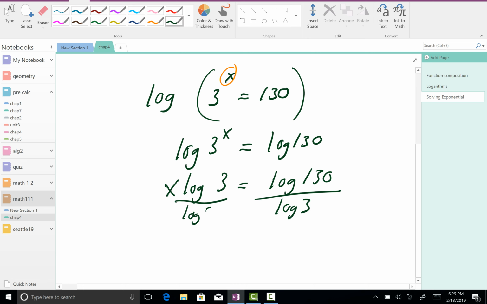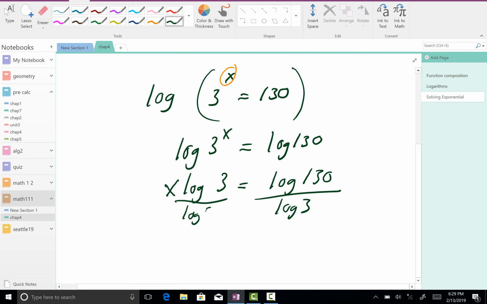So it's just another way of solving that type of exponential equation, is just to take the log of both sides. And it really doesn't matter what's in the exponent. We just take the log of both sides.